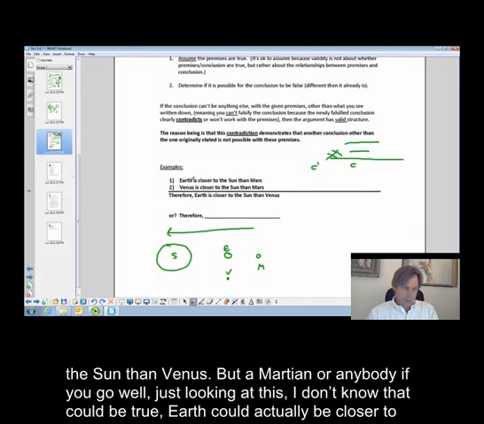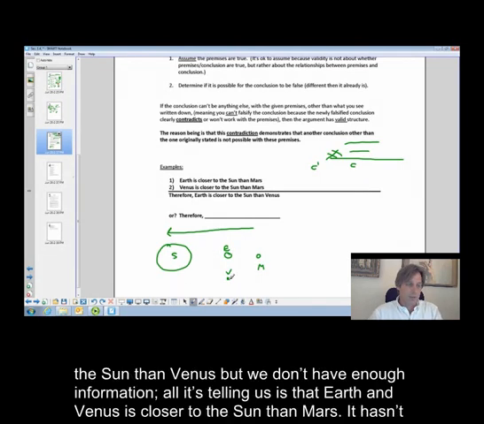But a Martian or anybody, if you go, well, just looking at this, I don't know that could be true. Earth could actually be closer to the sun than Venus. But we don't have enough information. All it's telling us is Earth and Venus are closer to the sun than Mars.